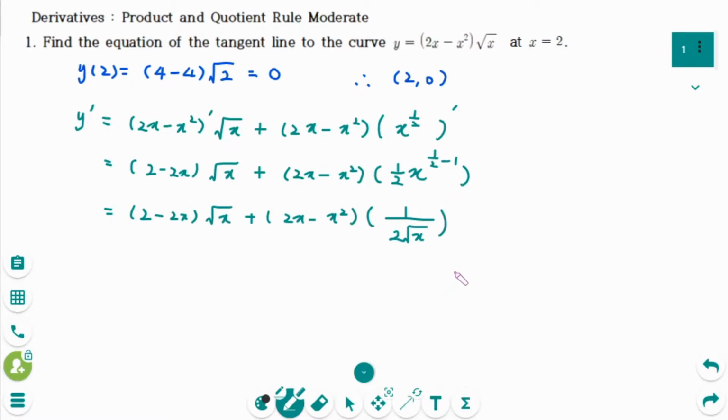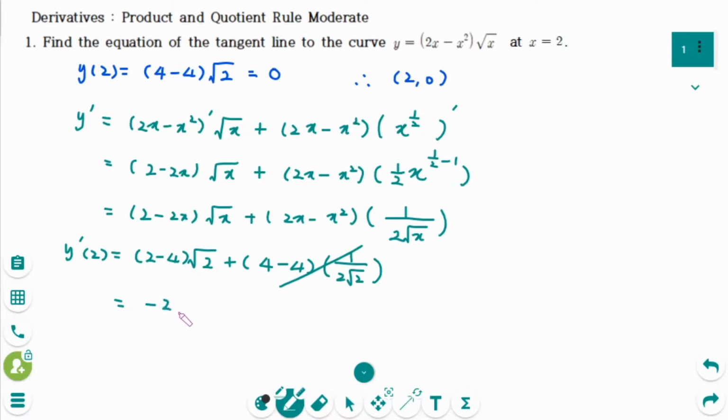We don't simplify, so y prime of 2 equals (2 minus 2 times 2, which is minus 2) times the square root of 2, plus (4 minus 4) times 1 over 2 square root of 2. This is 0. So minus 2 times the square root of 2.